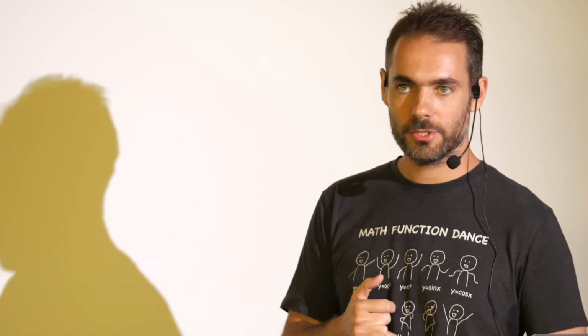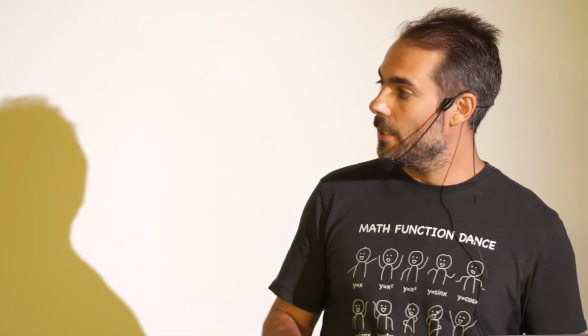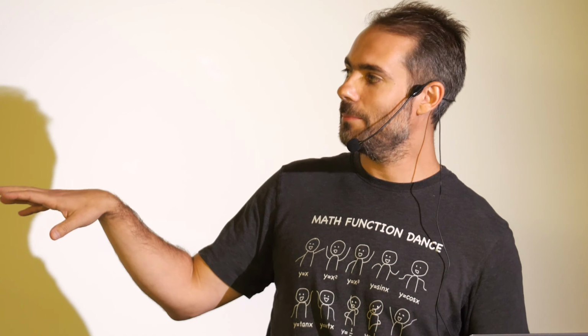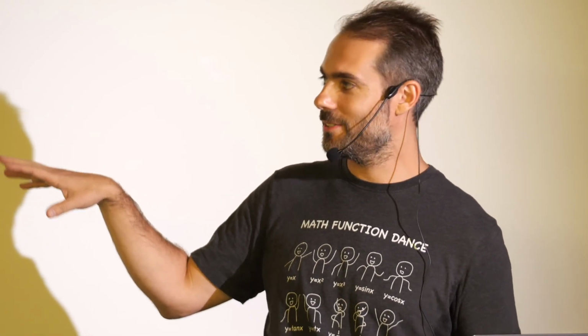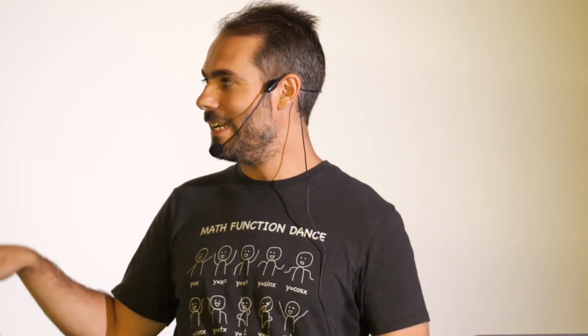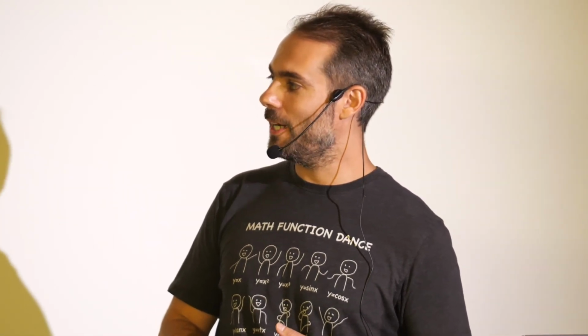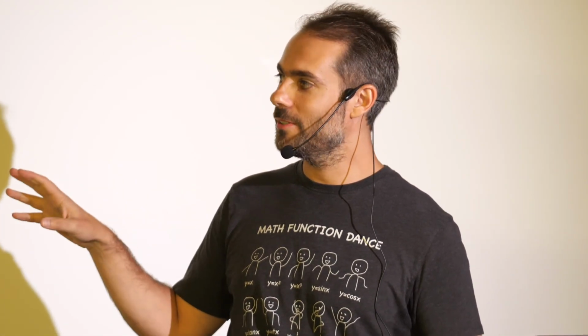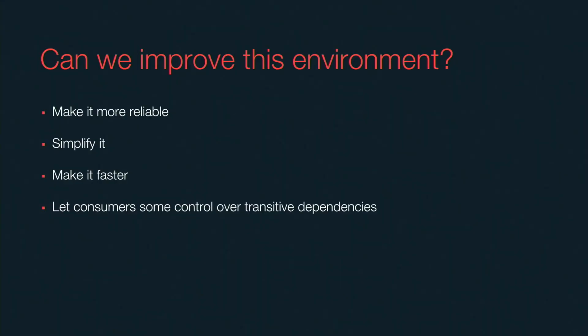NPM doesn't have, as far as I know, something like that. Yarn actually has something like that, but I'm not sure how well it works. I tried it once a while ago and it didn't work quite well. But why is it debatable? Because it will again complicate things, and I'm not sure it's a great way to do it, but I think we should at least talk about that.